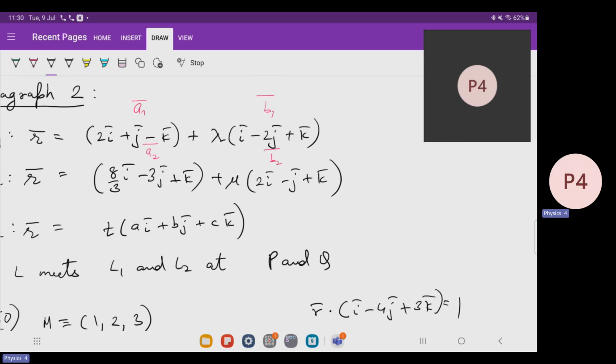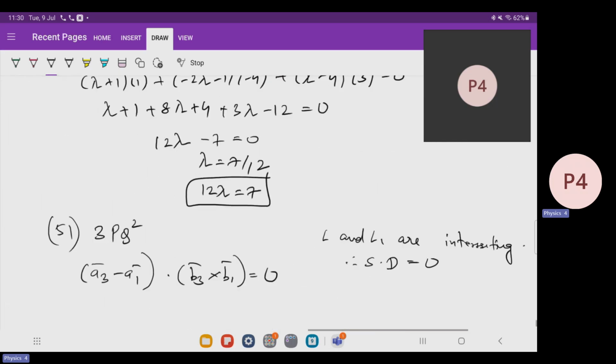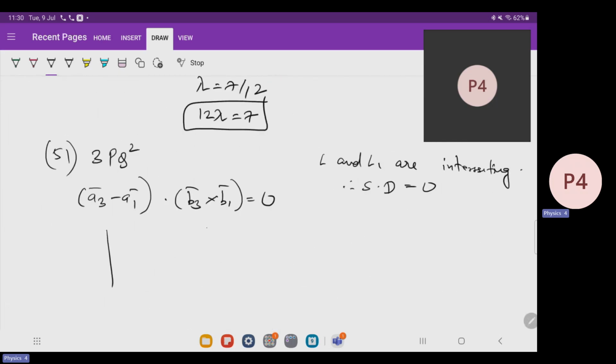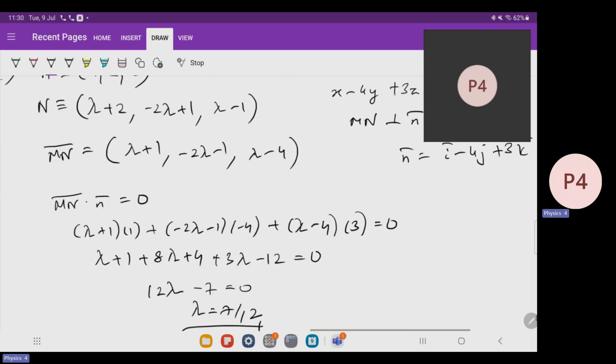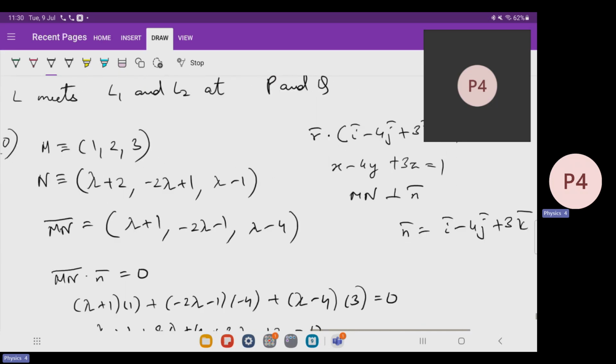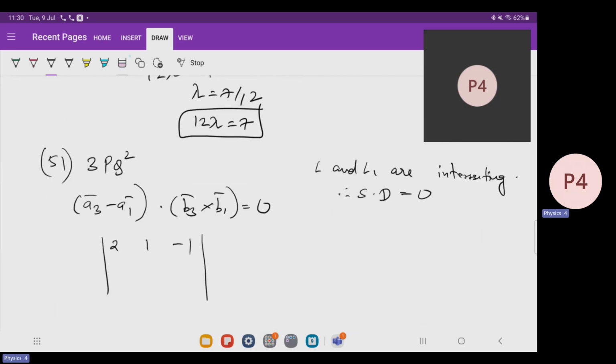A3 is a null vector, so if you put this into a determinant, you will get 2, 1, minus 1, that is a1 bar, and b3 bar. Let us write b3 first for the purpose of simplicity. So (a, b, c), a1 is (2, 1, minus 1), and b1 bar is (1, minus 2, 1). This will be equal to 0.